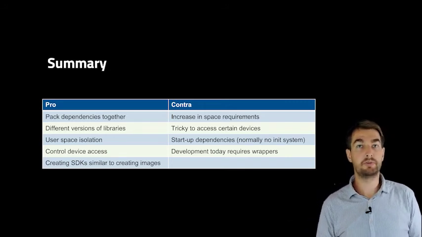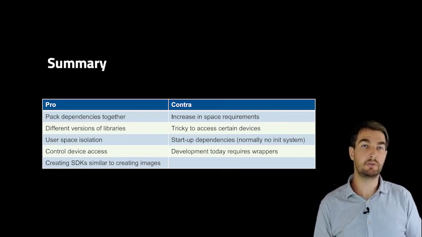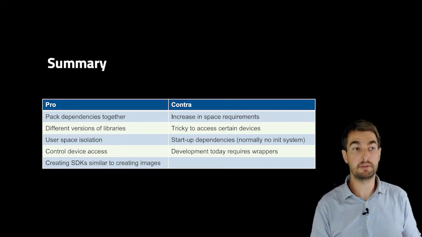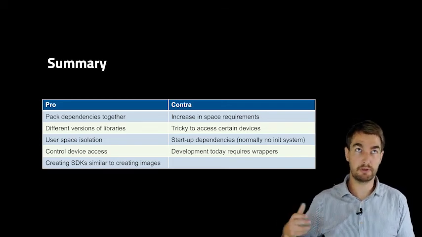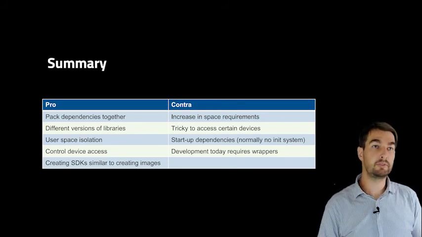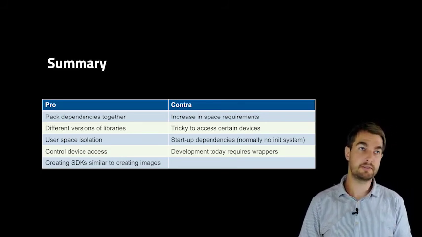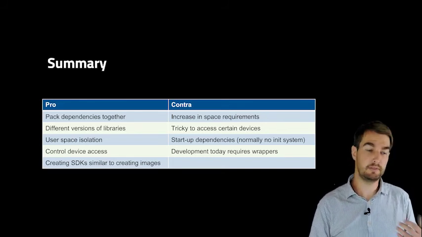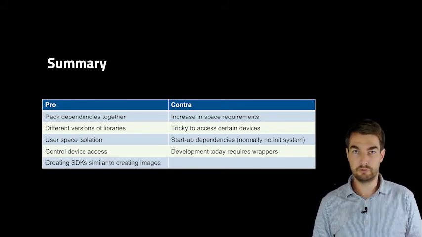You have some kind of user space isolation, so that an application running in one container cannot necessarily access an application in a second container. And you can restrict device access. You can even restrict memory sizes, CPUs. That's all due to C groups.